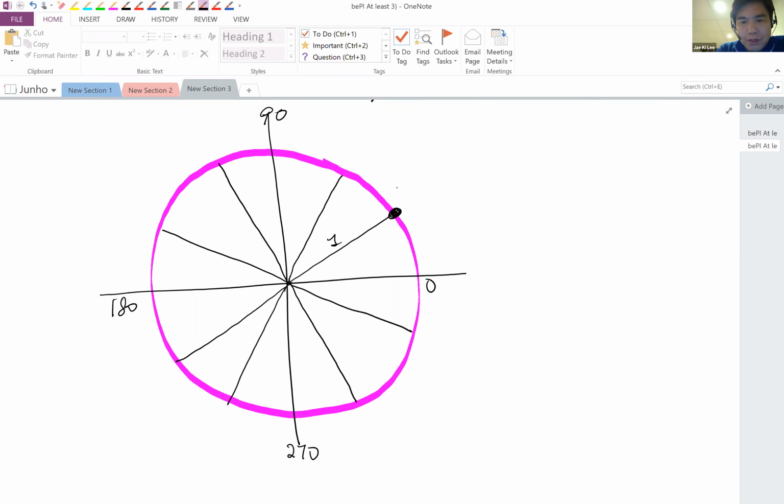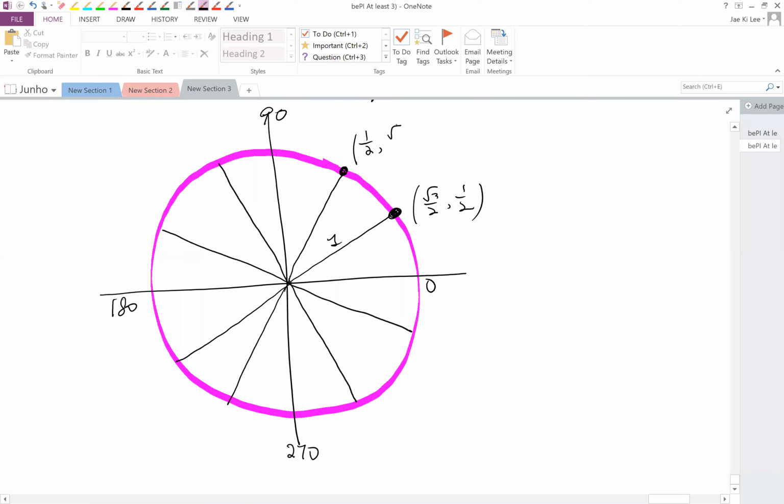This ordered pair becomes root 3/2, comma 1/2. This becomes 1/2, root 3/2. And the initial point becomes 1, 0. This point 0, 1.